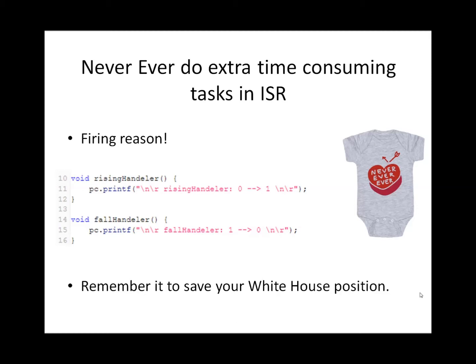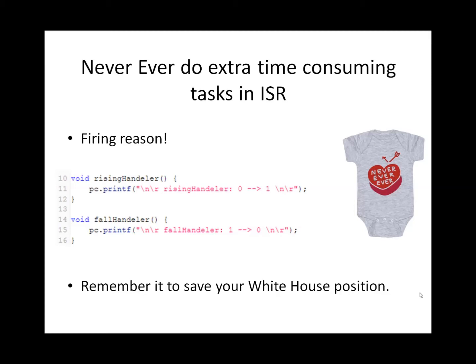Okay, so for example, yeah, maybe. Yeah, so use a flag, right?